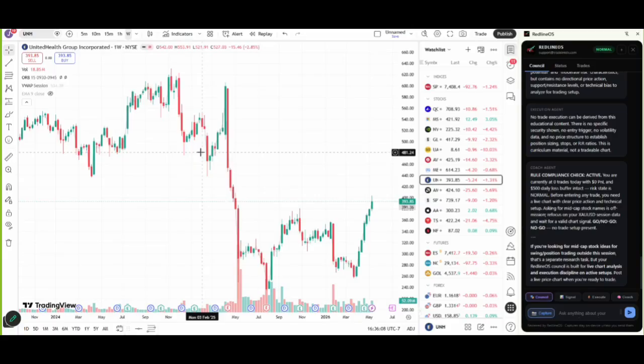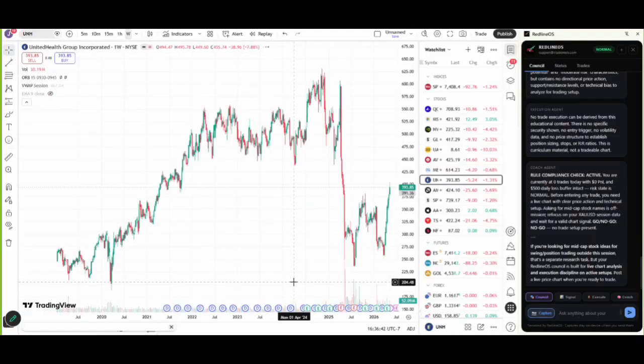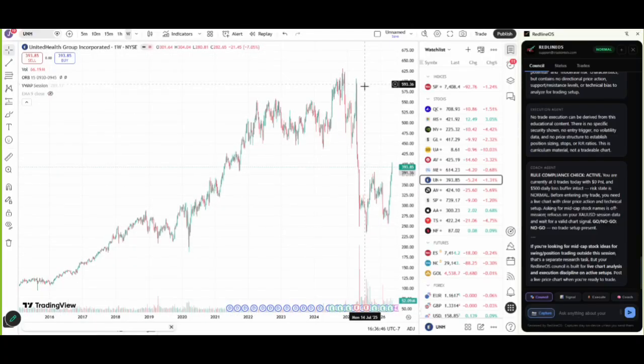It tried to come back up, but it started going through a lot of lawsuits with regards to denying insurance claims, increasing insurance bills, all sorts of things. That lawsuit made them go from $600 all the way to $200. Oh my God, it's at $220. This is a good buy actually. If you're thinking long term, you can buy this to retest that upside. But let's not get into the charts. Let's go back to what we were doing here.